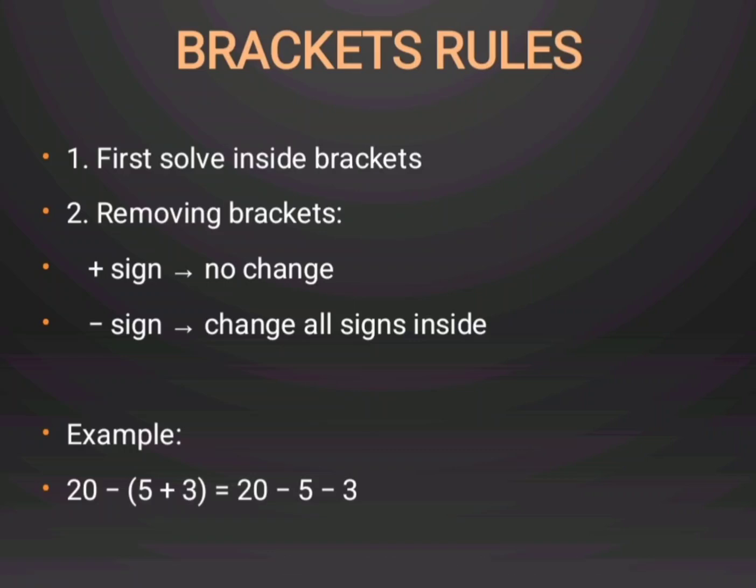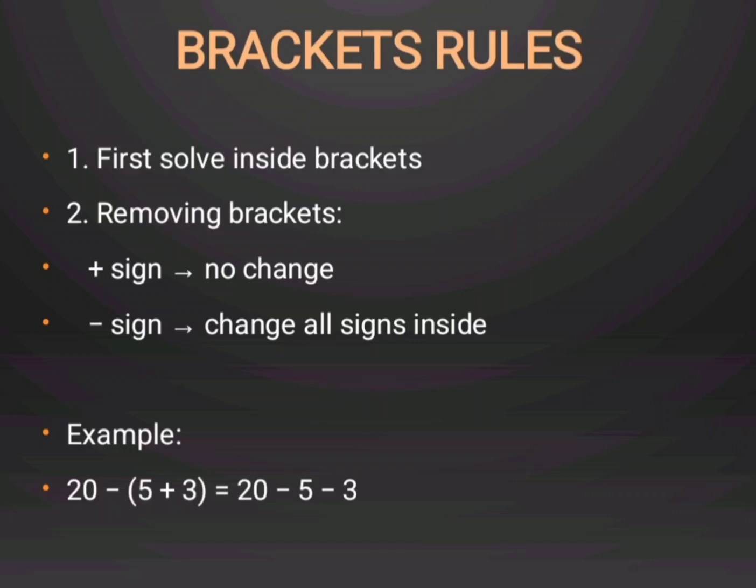So the bracket rules. First, solve the inside of the brackets. Step 2: a positive sign before the brackets can simply be removed, with no change in the values within the brackets, whereas for a negative sign outside the bracket you will have to change all signs inside. If it is positive it becomes negative, if it is negative it becomes positive, applying the rule of integers. So for instance, 20 minus of 5 plus 3.